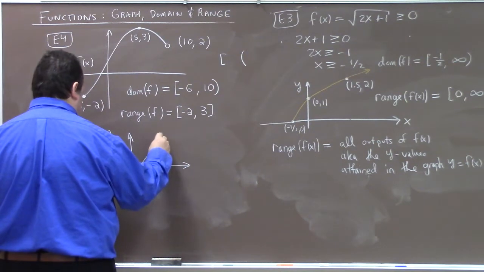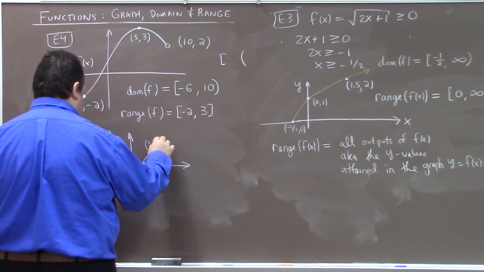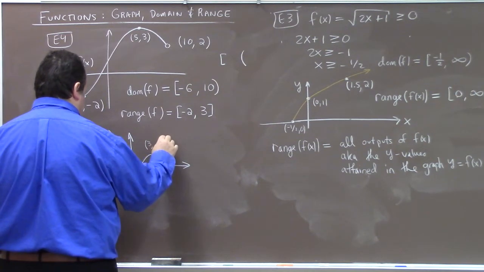Let's see here, and say that that point is, I don't know, (3, 1) maybe.